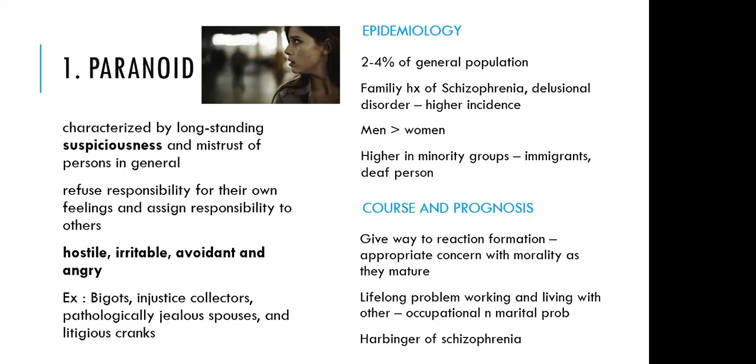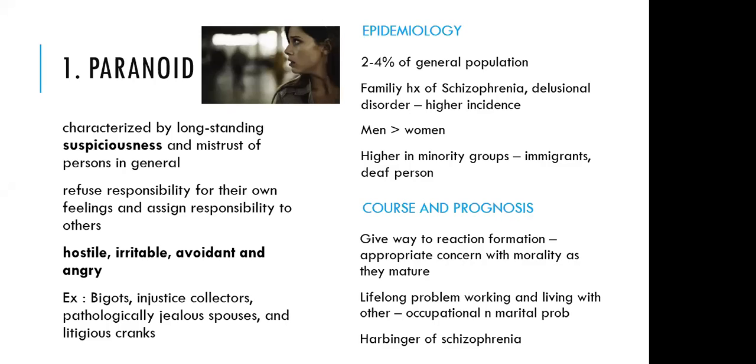Then the injustice collector, like a grudge collector, is someone who really cannot forget or forgive anything. And then the litigious, pathologically jealous spouses, and litigious cranks, like someone who really likes to sue over everything that comes in their way.